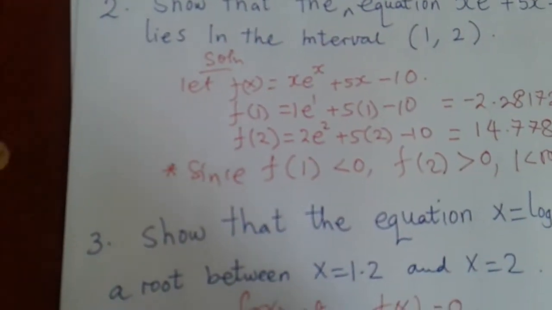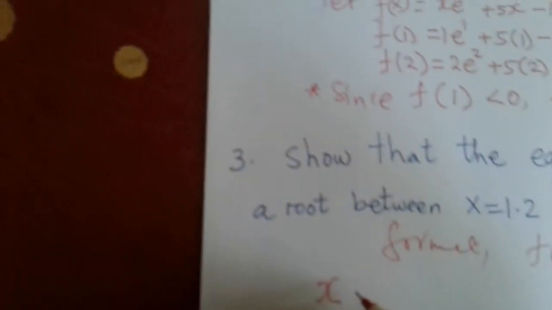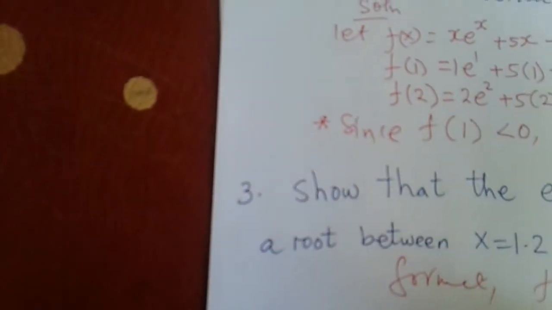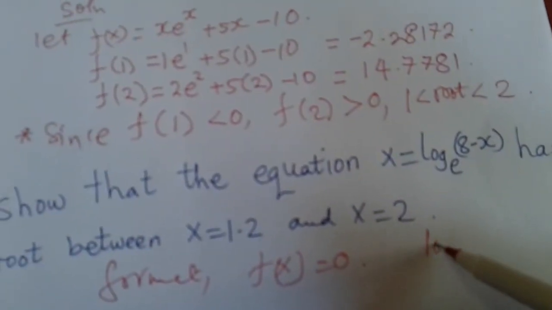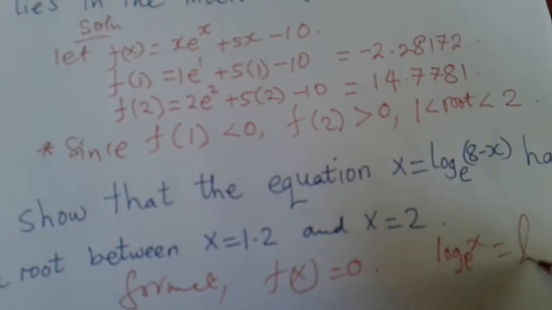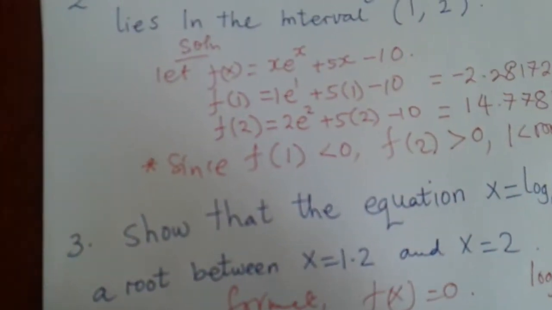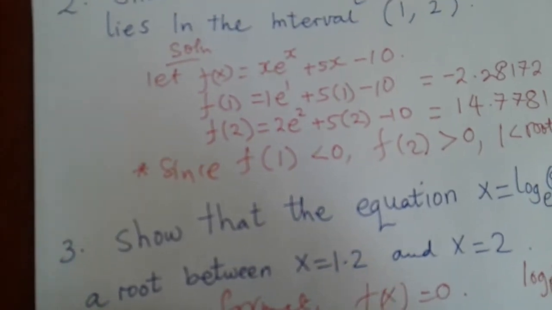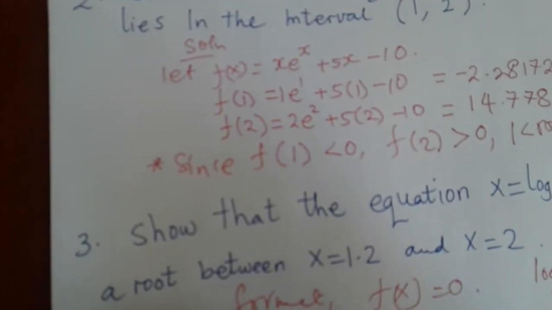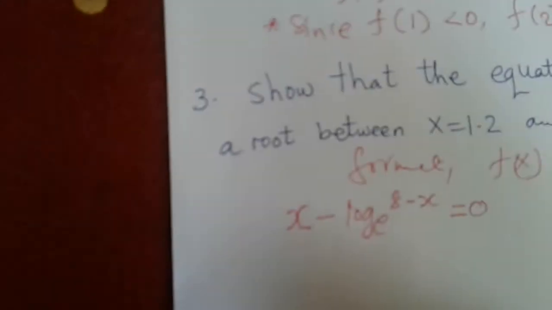Now we shall say x equals natural log. Remember that log base e of x is the same as ln x. Therefore, I can say x minus log of 8 minus x equal to 0.